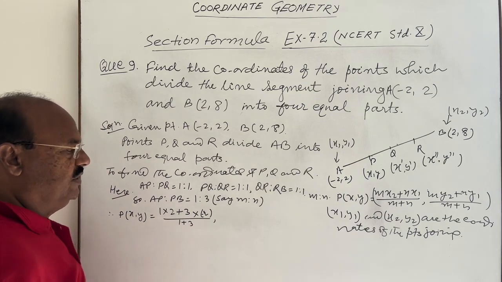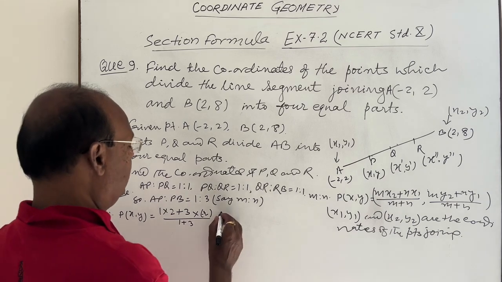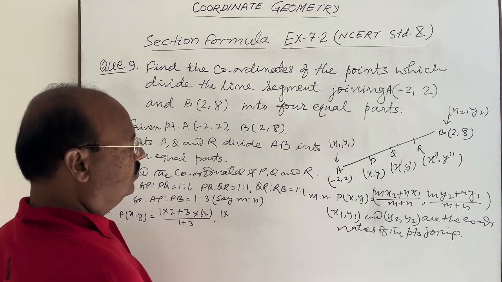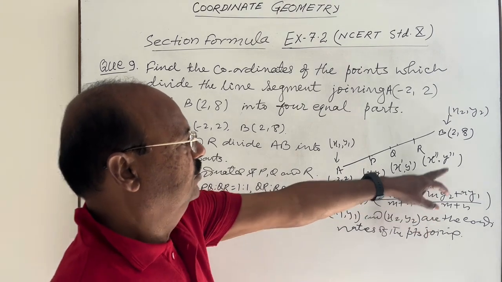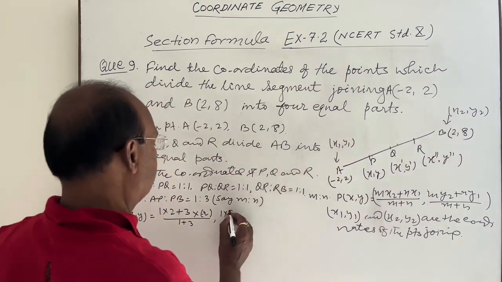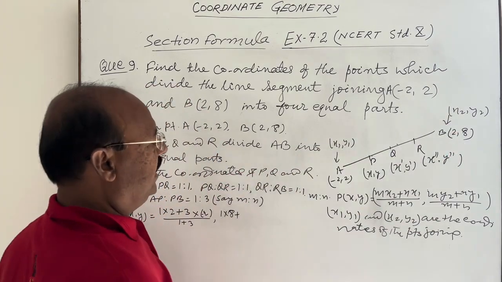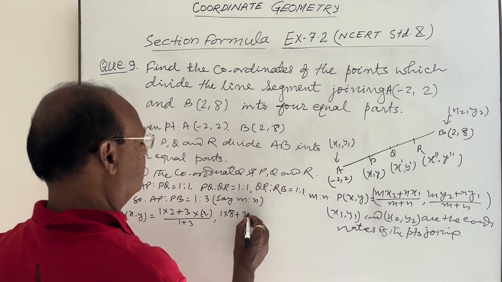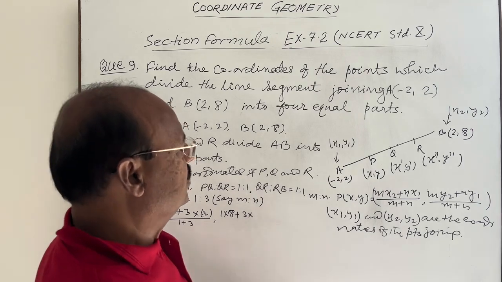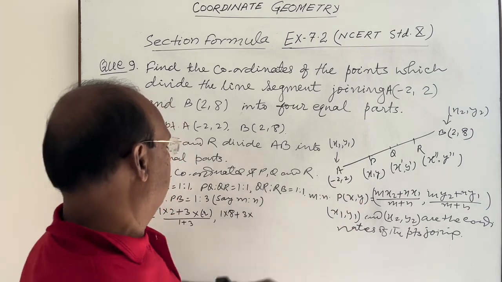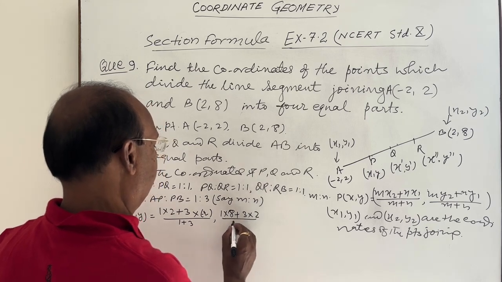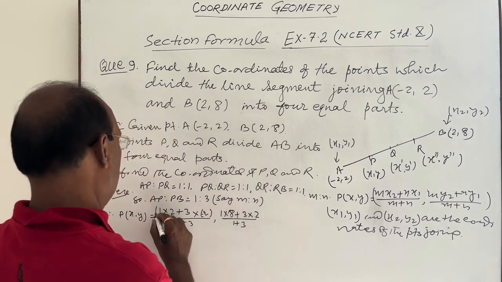Minus 2, divided by m plus n, which means 1 plus 3. This is the x coordinate. Similarly, the y coordinate will be m into y2. y2 is 8. my2 plus ny1, n is 3 and y1 is 2, divided by m plus n, that is 1 plus 3.